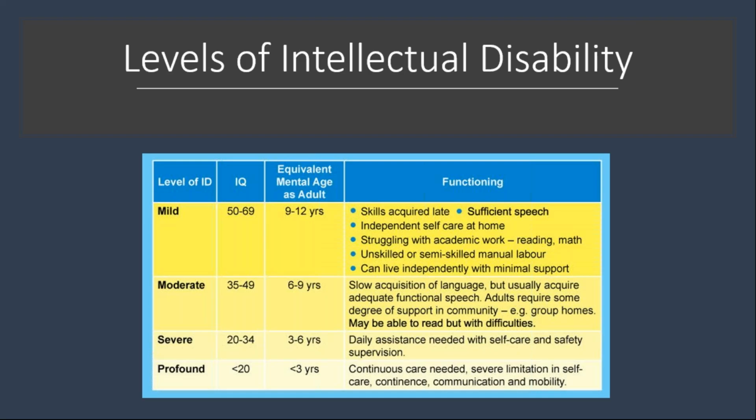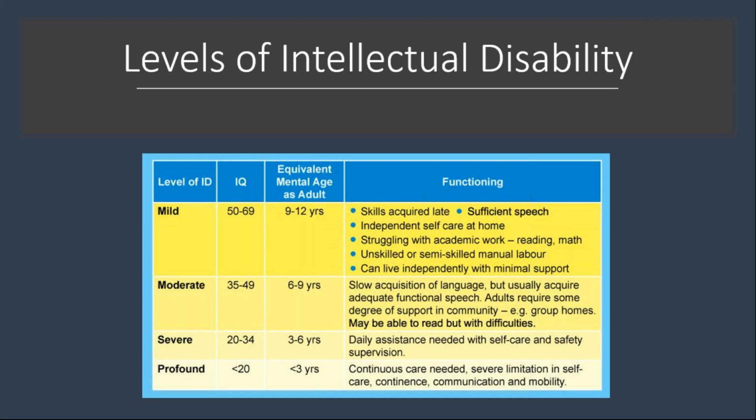With a lot of work, they may be able to learn, for example, how to read or to master some basic reading skills, but there's a little bit more of a delay than we see in the mild range. So this is typically individuals whose IQs are scoring around the 35 to 50 range, and we typically think that as an adult, these individuals are functioning similar to a child between 6 to 9 years of age.